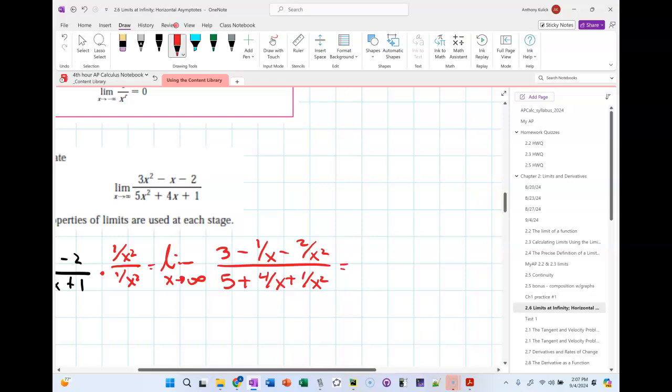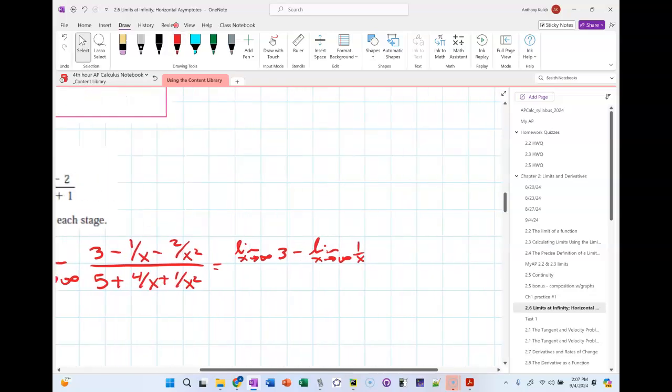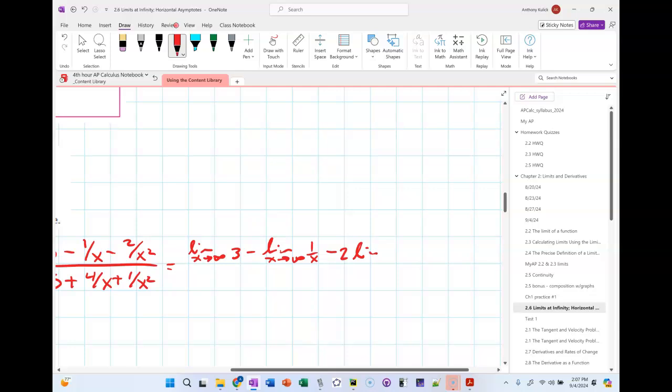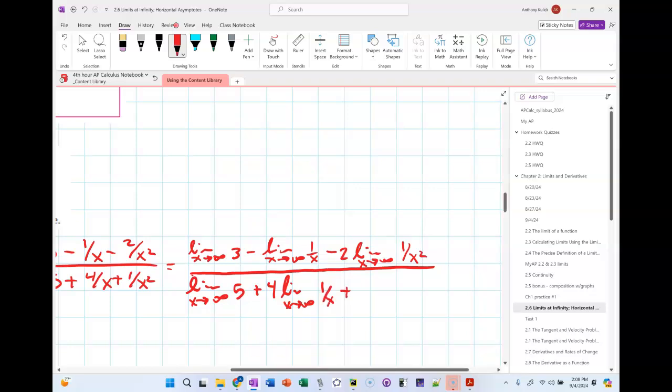Now I can use my limit laws. So I'm going to distribute my limit and pull out any constants. Is everybody okay with what I did there?